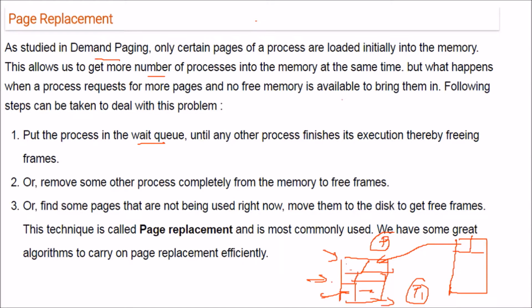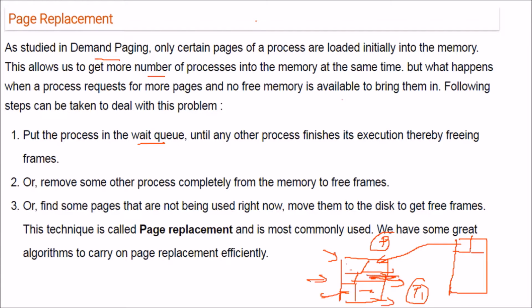There is another situation. We can see that this page has not been used for quite a long time, or this page is not doing anything and is just waiting. So this can be selected as a candidate to be removed.